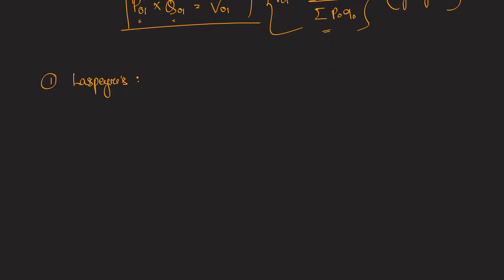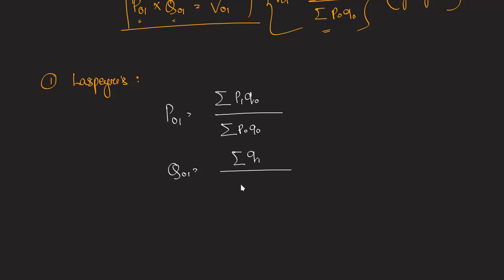So in the case of Laspeyres, P01 is summation P1 Q0 over summation P0 Q0, and Q01 will be summation Q1 P0 over summation Q0 P0.